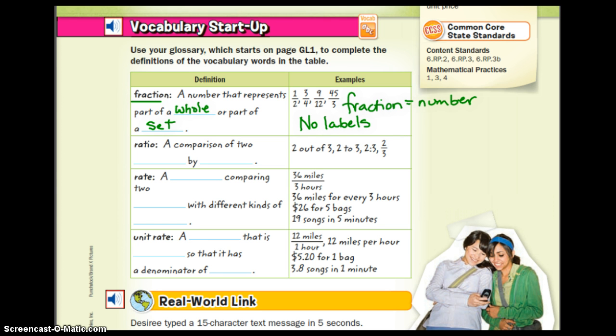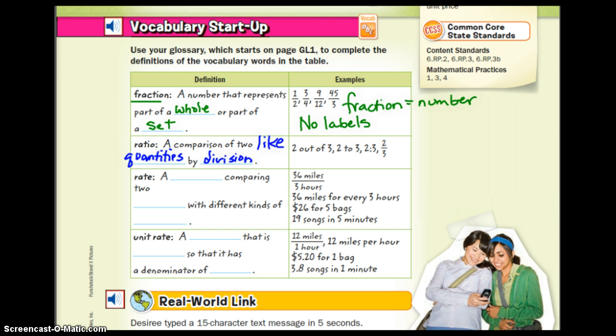All right. A ratio is a comparison of two quantities by division. Now, one of the words that they left off that you need to understand is the word like.